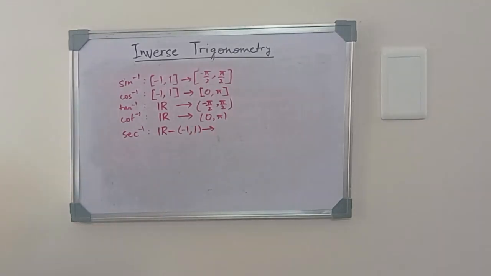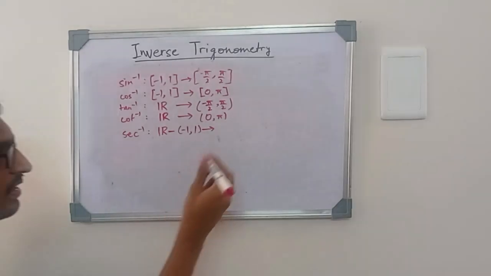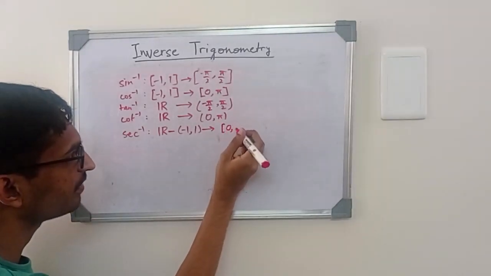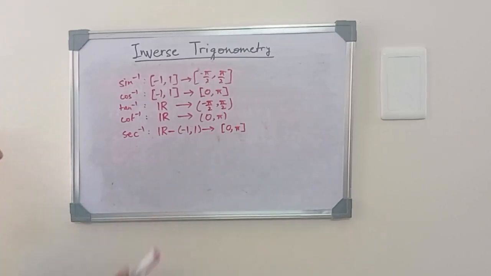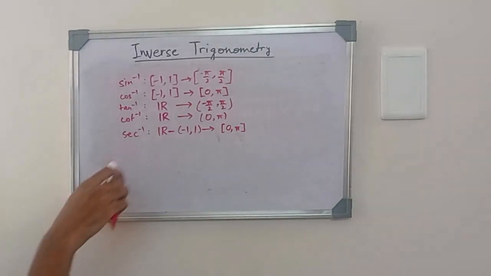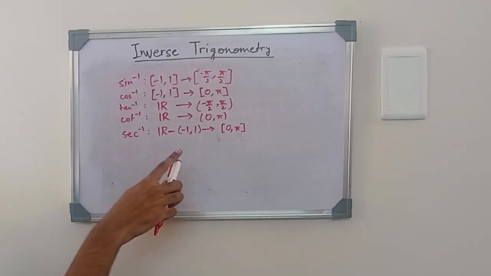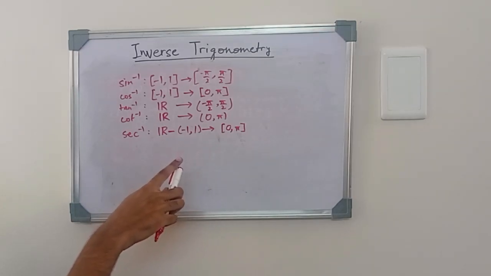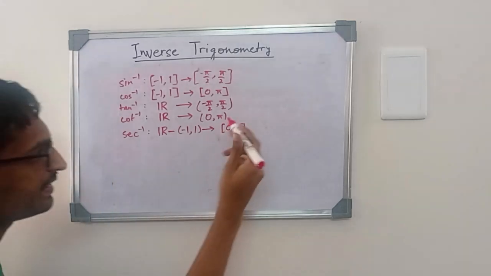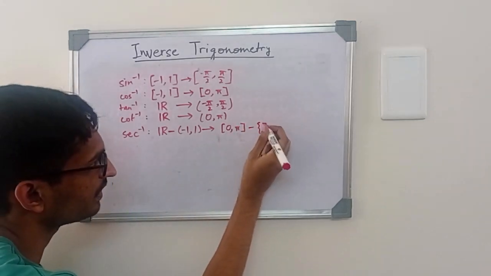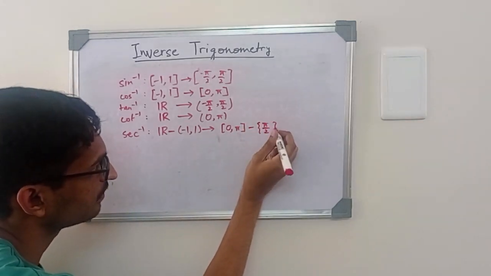Now again, for the secant function, just like the cos function, we choose the same principal value branch because secant is just the reciprocal of cos. However, note that cos of pi by 2 is equal to 0. So that means secant of pi by 2 is not defined, which means that we should exclude the point pi by 2 from this range.